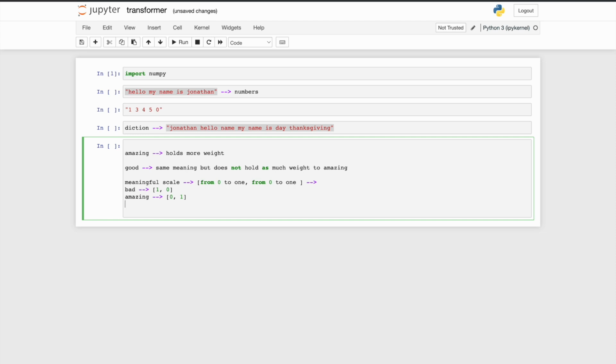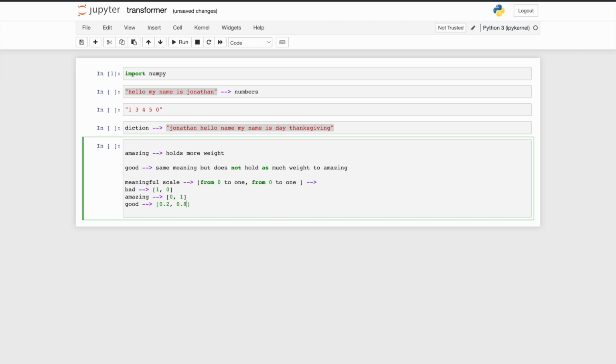But when a teacher says, you did a good job, the word is still meaningful, but there's less weight to it. So we're going to put a 0.2 for the left side of the scale, because it's not a completely bad word, but it could be better.